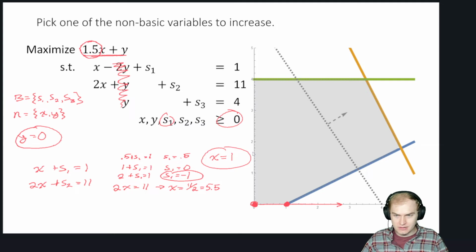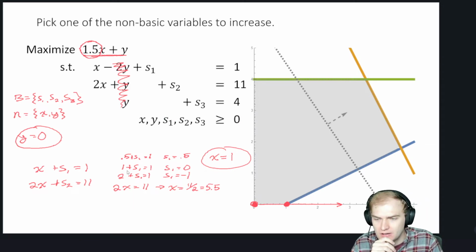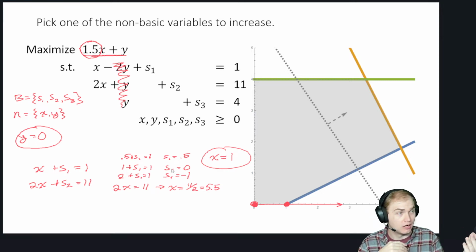And this is nice in a way because if x equals 1, then s1 equals 0, and we can put s1 in our non-basic variables set. So our basis remains the same size. We're going to swap x into the basis and s1 out of the basis.